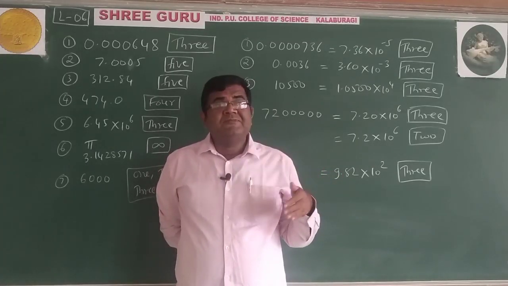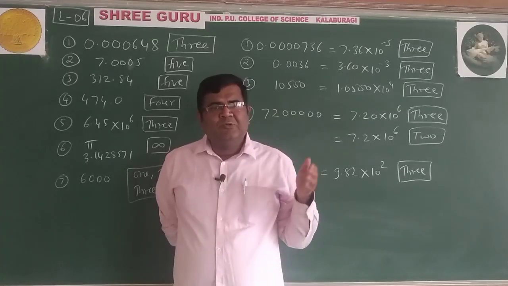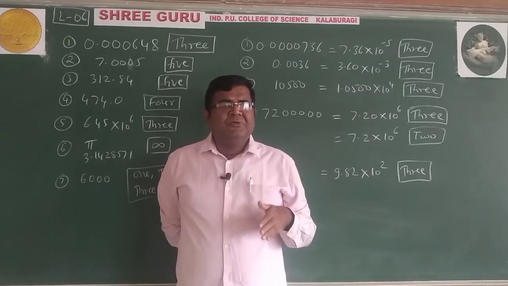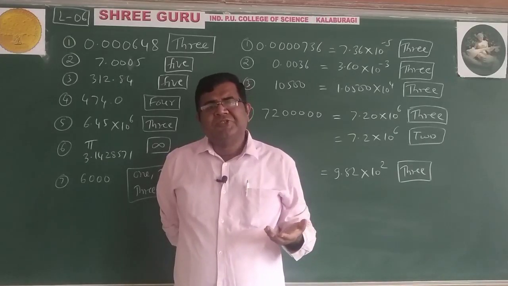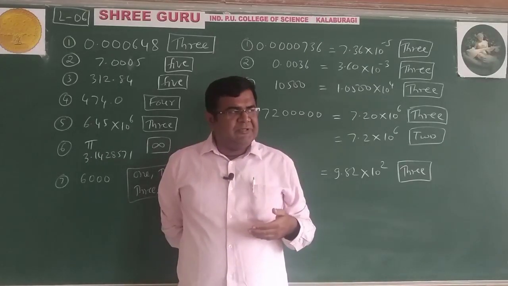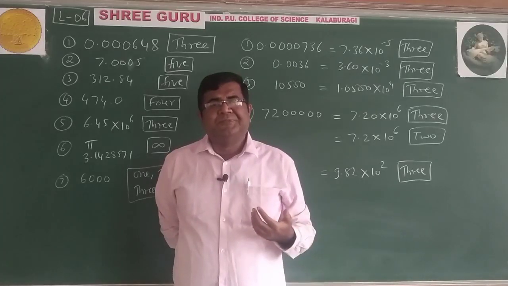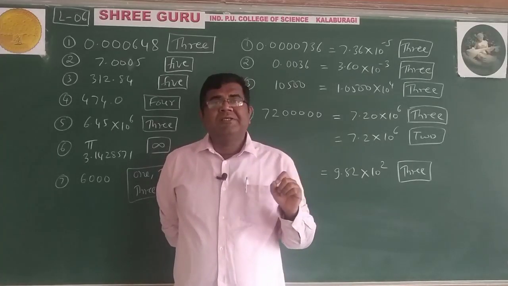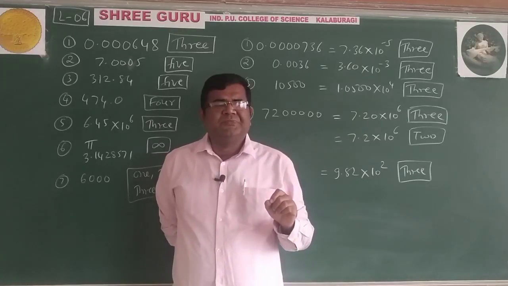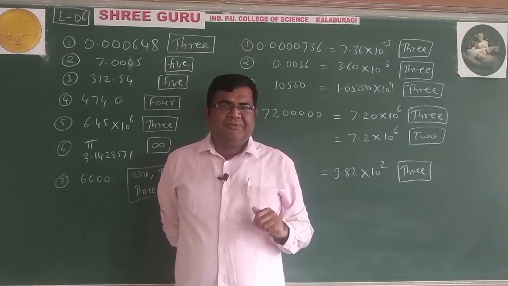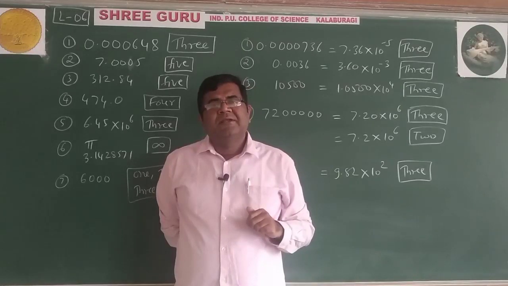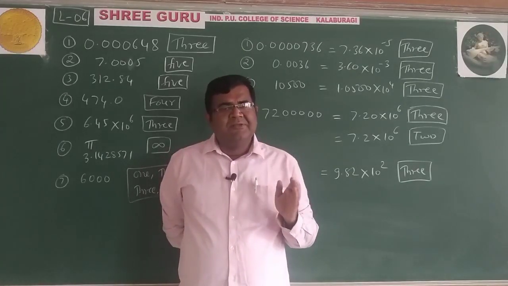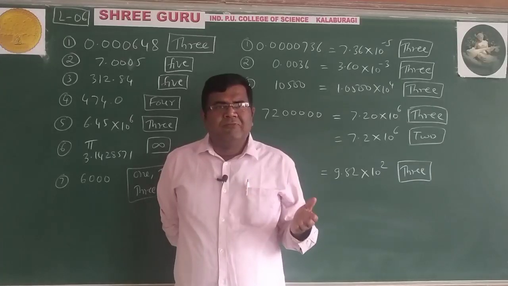If a number ends with zeros and those zeros are not to the right of the decimal point, those zeros may or may not be significant. We have seen some examples of that. If a number is exact, like 1 dozen, which is nothing but 12 objects, it has an infinite number of significant figures, and the last uncertain digit which is non-significant is rounded off.